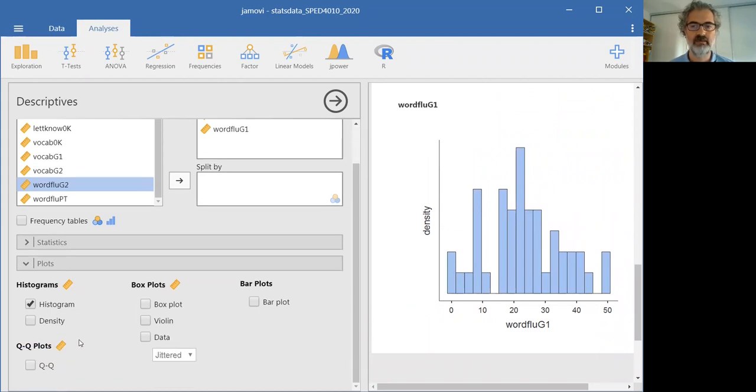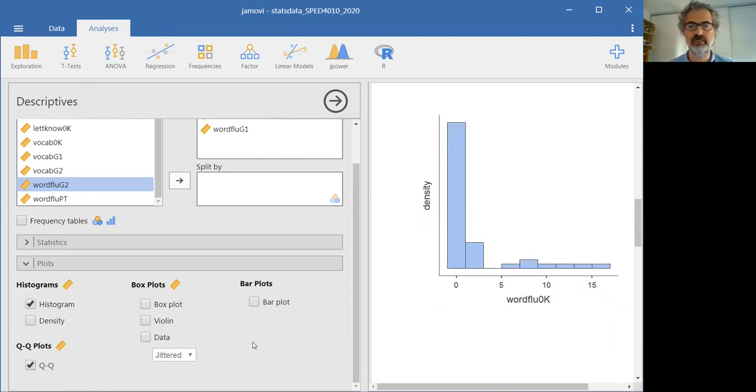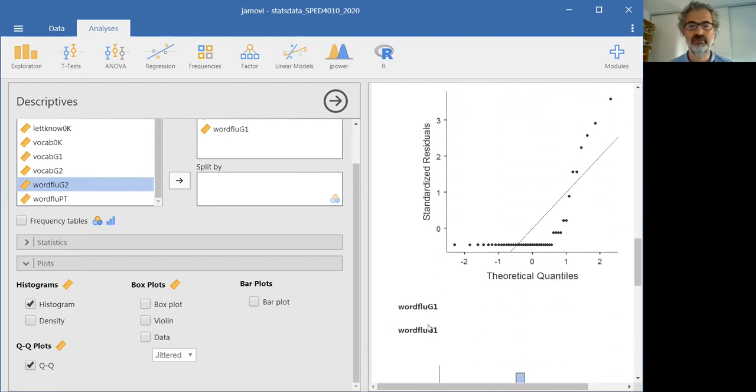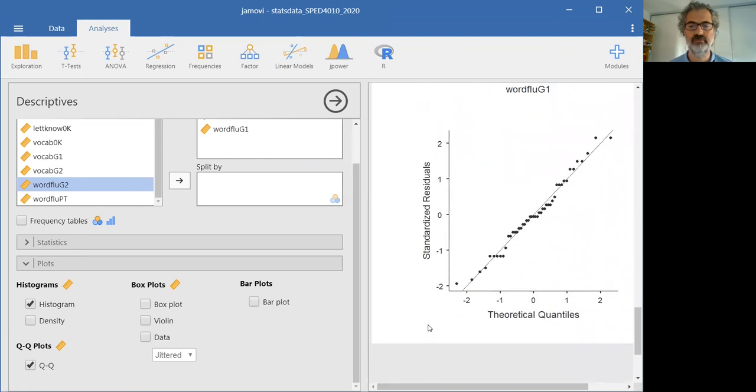And to compare these distributions to the normal distribution, we use the quantile plots. So I check on QQ here, and I get the quantile plot for each of the variables.